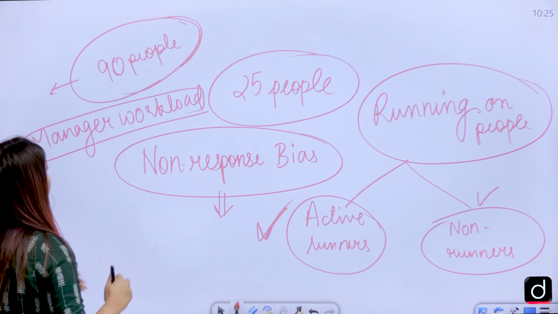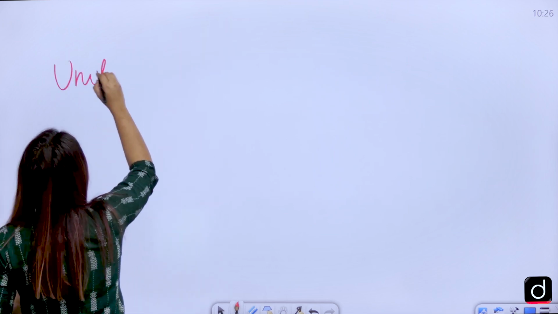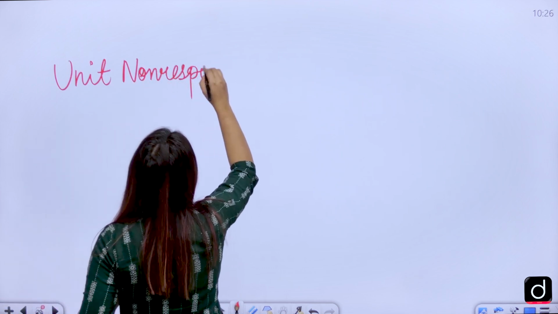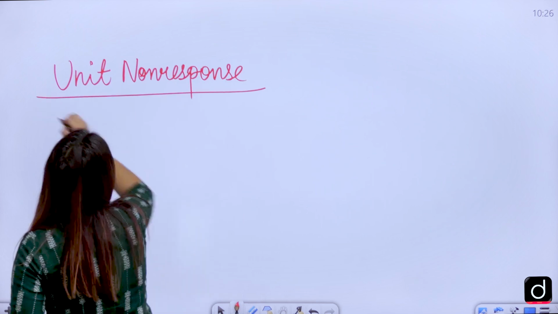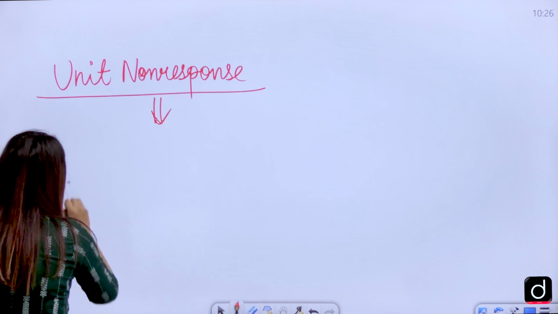Now we have two types of non-response bias. Number one is unit non-response. The other one is item non-response.